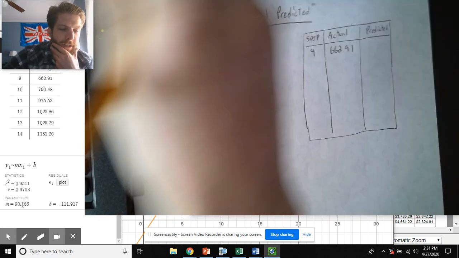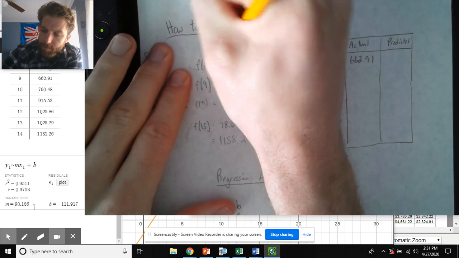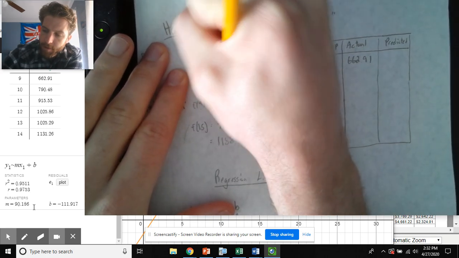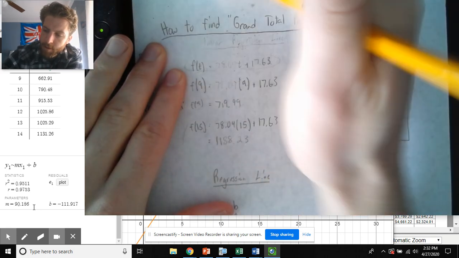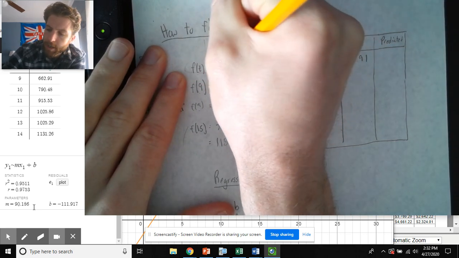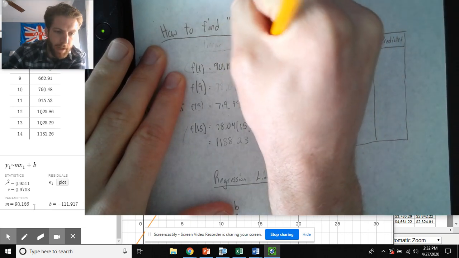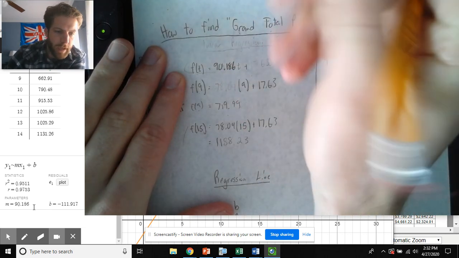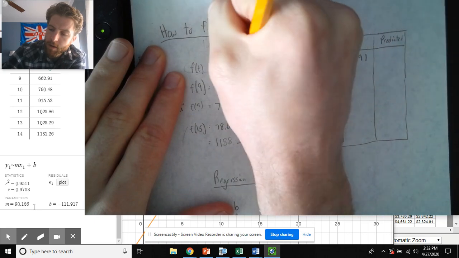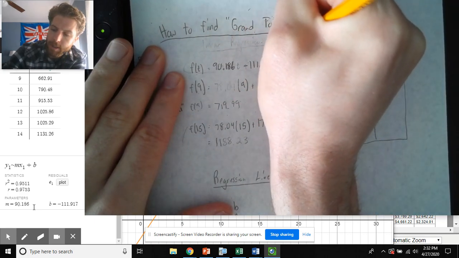So my m here in this case is 90.186, which is the slope, and then my b value is negative 111.917.